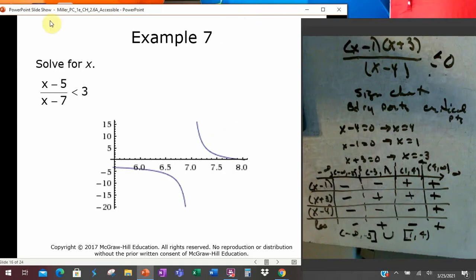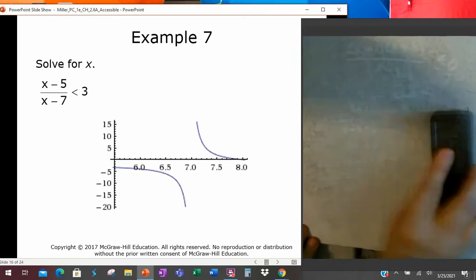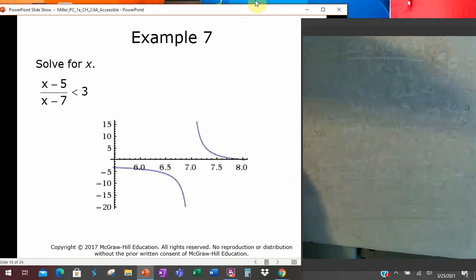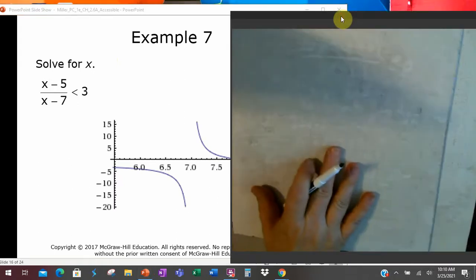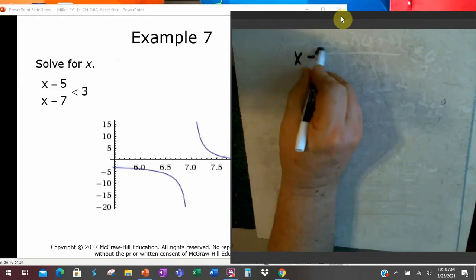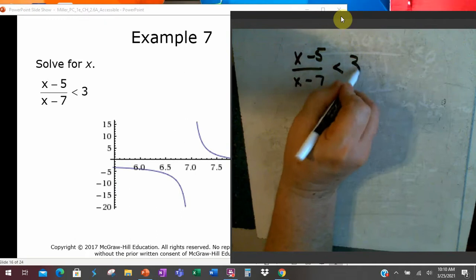What happens for this case though? If I am comparing my inequality directly to another number, okay, let me slide this over. So here I'm doing a rational, got a rational here, and I want to know less than 3.